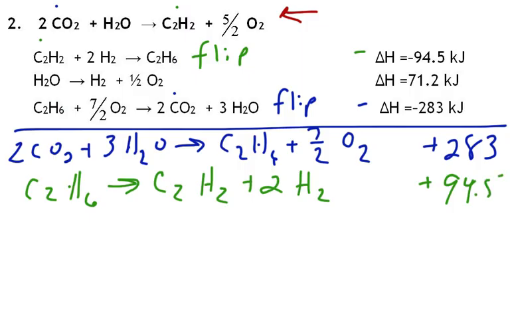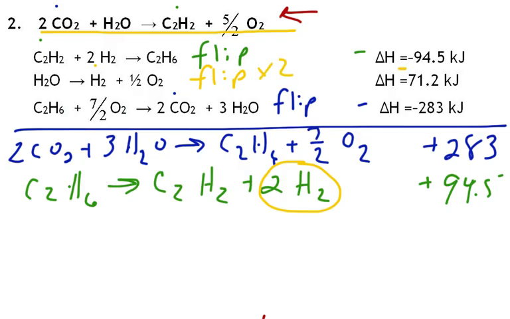So now let's look at what's left over. If you look down here in the different reaction equations, we have two H2s, and H2 does not show up at all in your target reaction. However, it does show up in the last reaction that we have not used. Again, it's on the wrong side and there aren't enough of them, so we're going to flip it and multiply by 2.